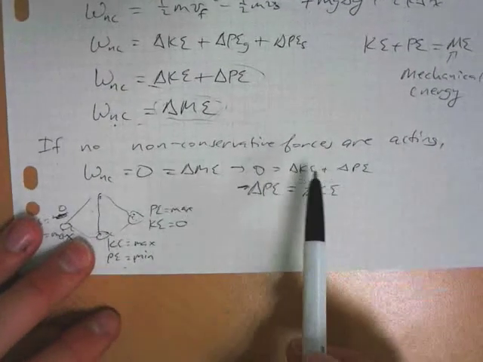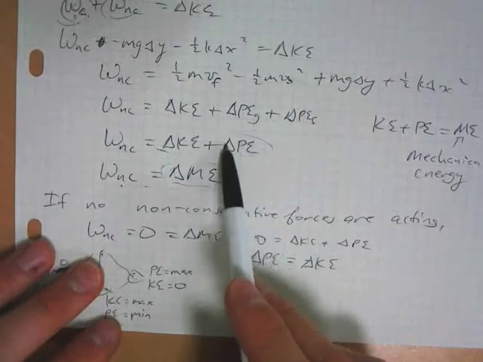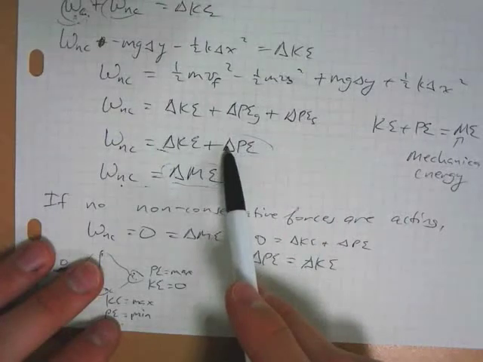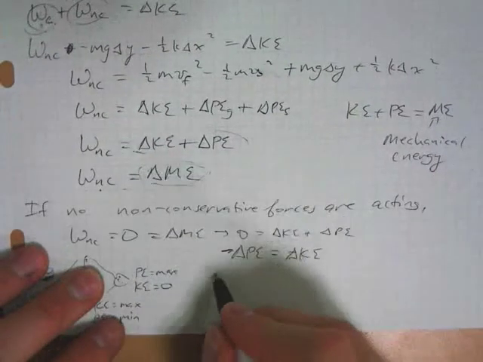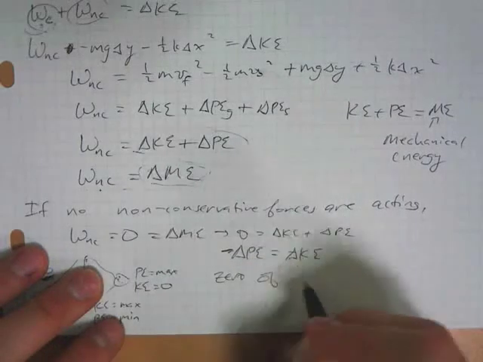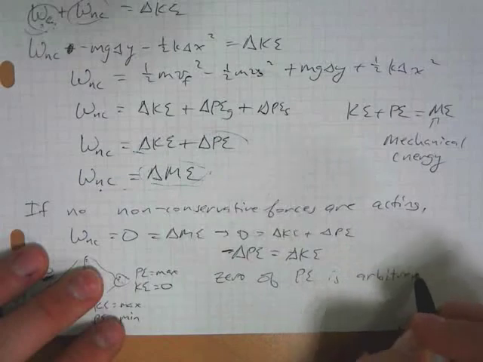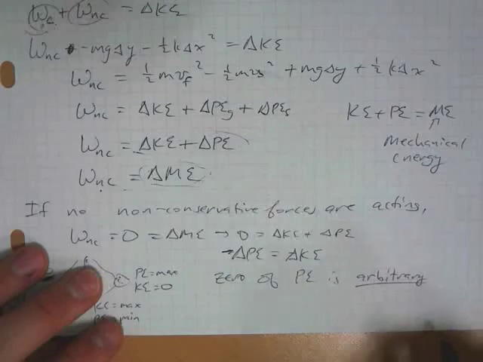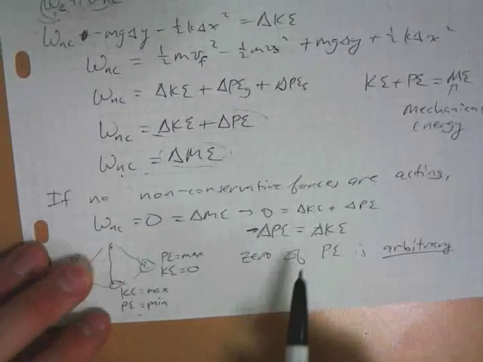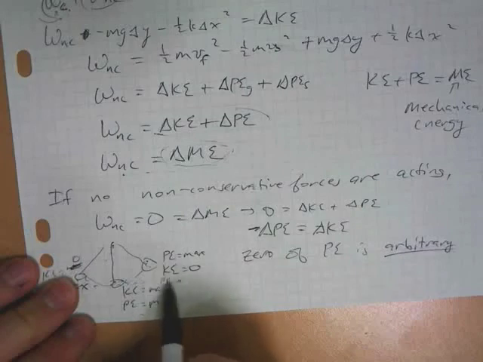You'll notice in all these equations, it's always a delta PE that shows up. So it's important to note that the zero of potential energy is arbitrary, because all that ever matters physically is a change in potential energy. So generally, whatever the lowest point is in a problem, we could say this lowest point of the pendulum is zero potential energy.